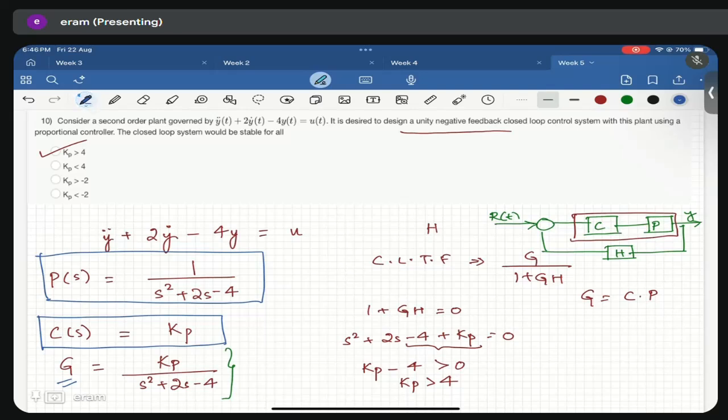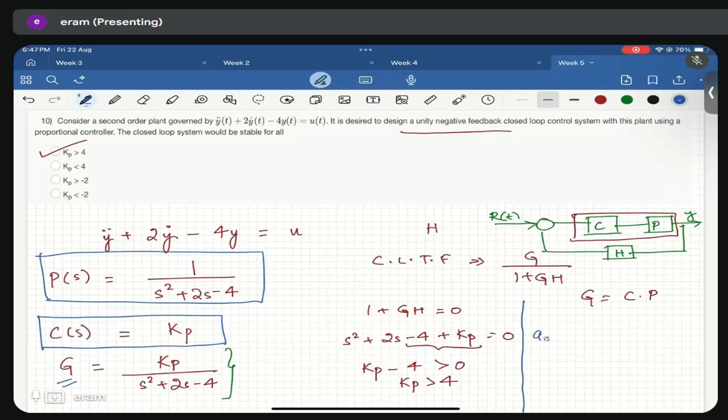Why should Kp minus 4 be greater than 0? Okay, this part. For a second order polynomial, in order to ensure that all the poles are lying on the left half plane, the necessary and sufficient condition is that all the coefficients should be non-zero and there should be no sign change.